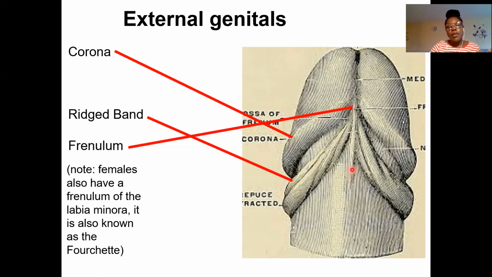And if you think about the word frenulum, we spoke about the frenula in the oral cavity, the superior and inferior frenula, which help to anchor the lips to the gums, as well as the lingual frenulum, or the frenulum of the tongue, that helps to anchor the tongue to the floor of the oral cavity. And the frenulum here is serving in a similar role. It's anchoring the prepuce, although the prepuce is mobile, at the bottom of the penis.